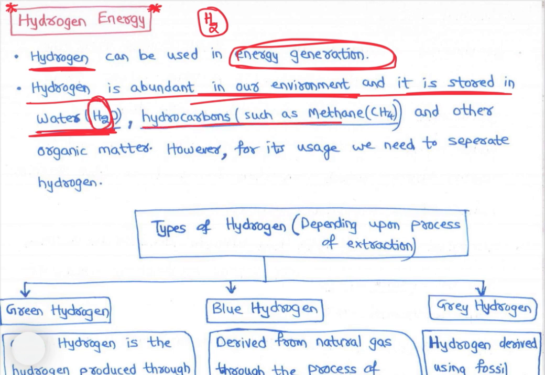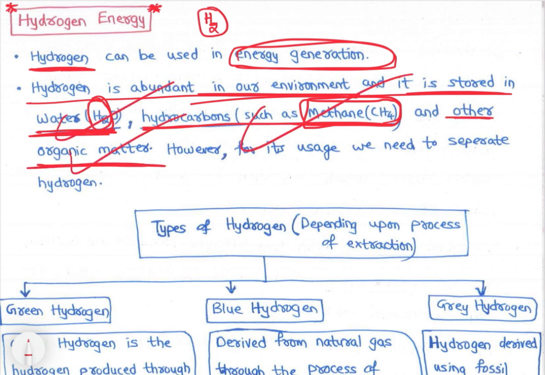Then in hydrocarbons such as methane, CH4, there is hydrogen. And other organic matter, whatever plants and animals there are, even in humans there is hydrogen. So hydrogen is available, but hydrogen is not in elemental form. Sometimes it is in the form of water, sometimes in the form of methane.